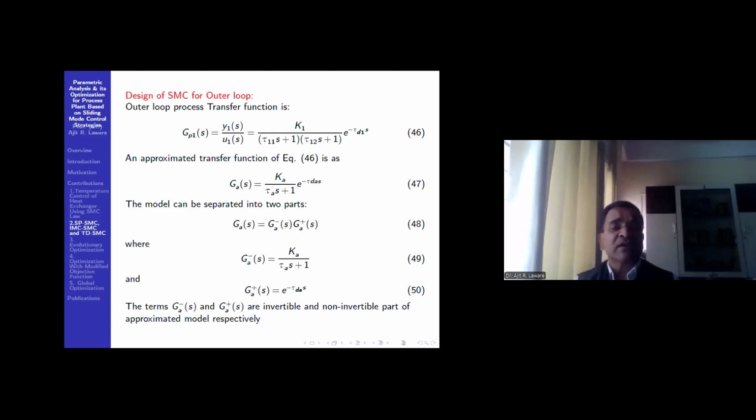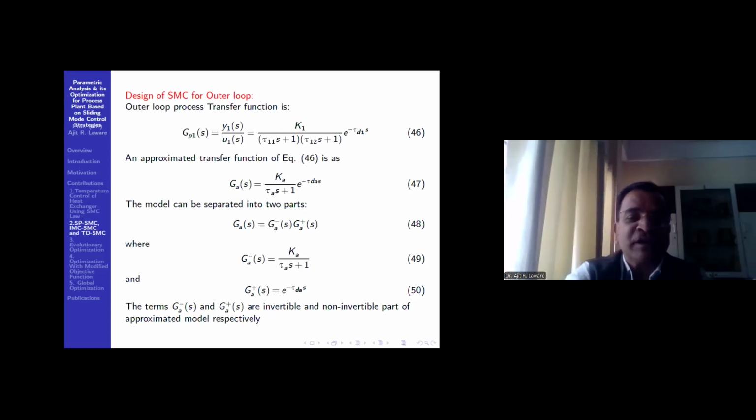Now we are going to design an SMC for the outer loop. The outer loop is a SOPDT, and that is approximated as represented by equation 47, where this tau dA term is the delay term, used in the PD controller.